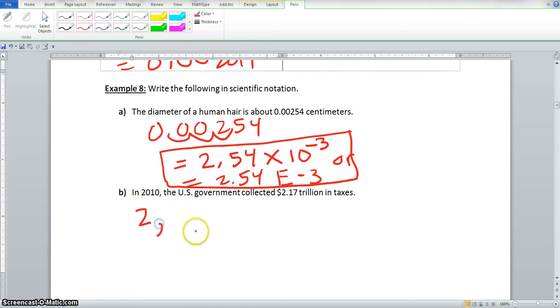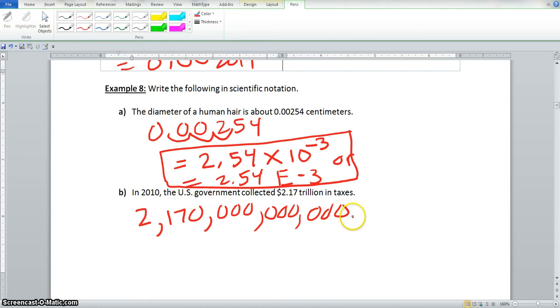So it'll be 2, and we know trillions have 12 digits behind it, because this will give us the hundreds, the thousands, the millions, the billions, and then the trillions.